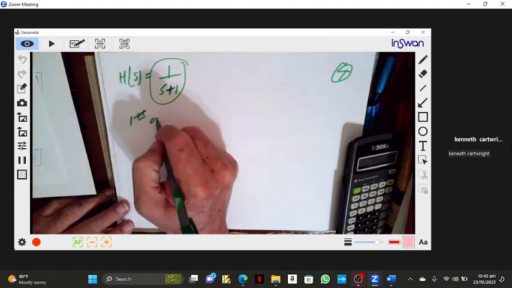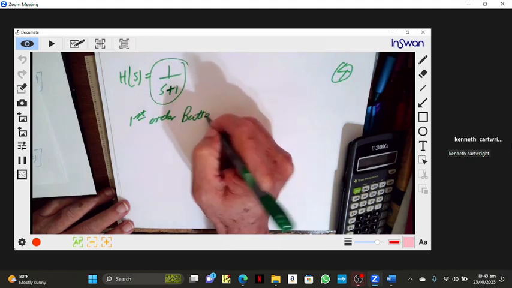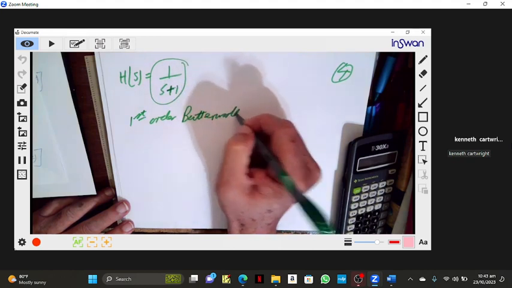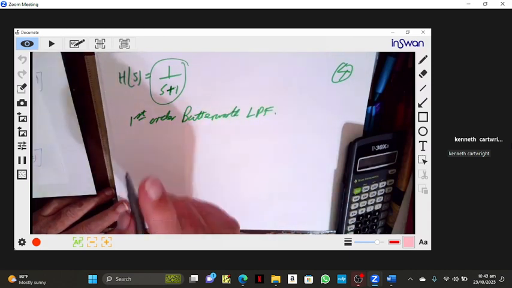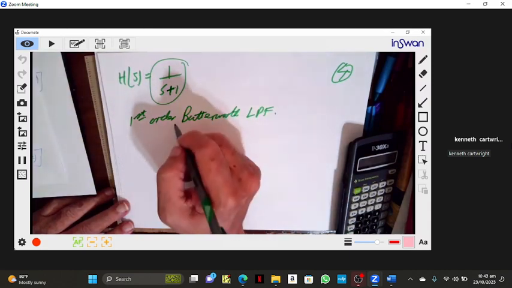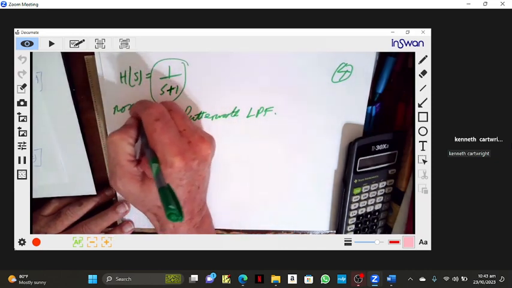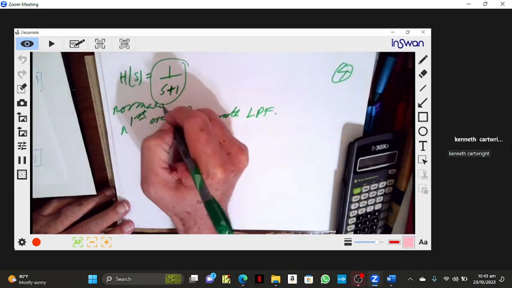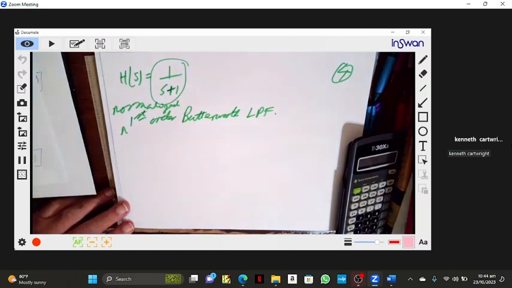The first order Butterworth low pass filter. And not only is it first order, it's also normalized. This is a normalized first order Butterworth filter. What does normalized mean?